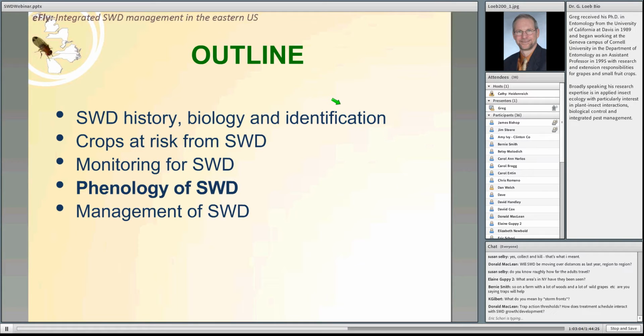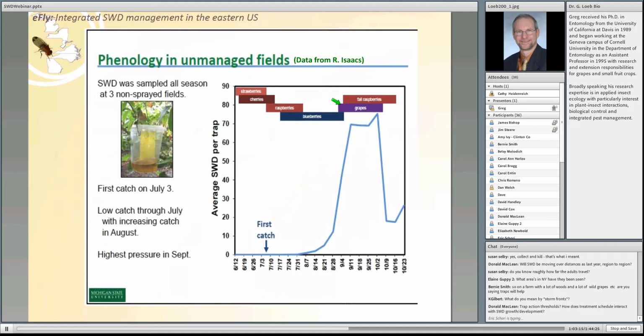Okay, a brief mention of phenology. I've kind of alluded to this a number of times. When do these flies really build up populations during a season? What are their seasonal dynamics? These results from an unmanaged blueberry field in Michigan provide what the general pattern has been for the bulk of the population.